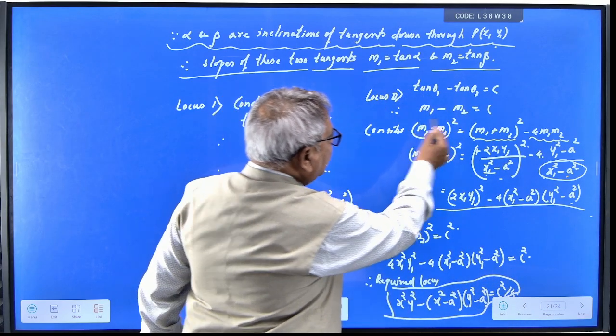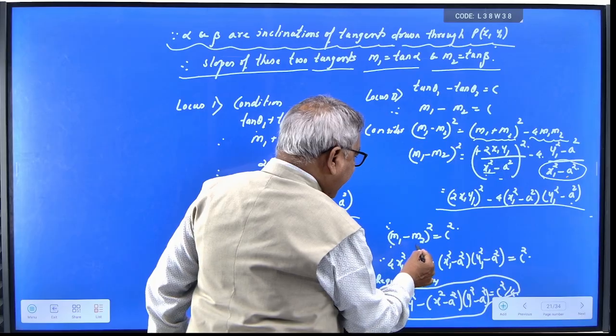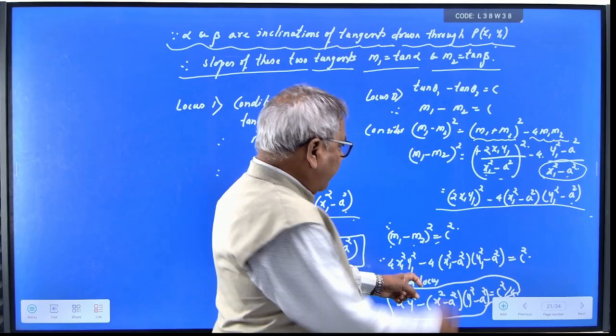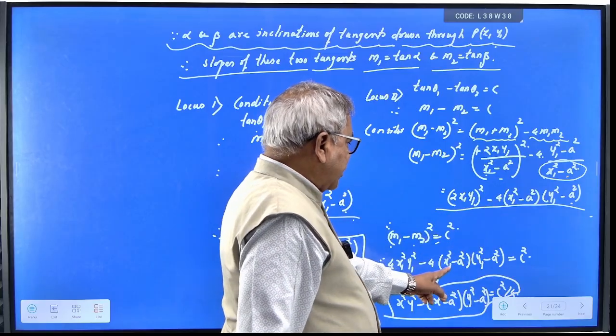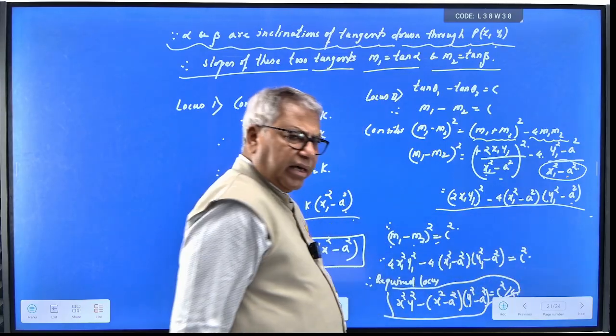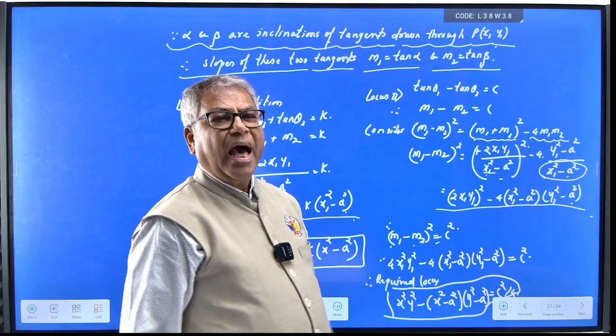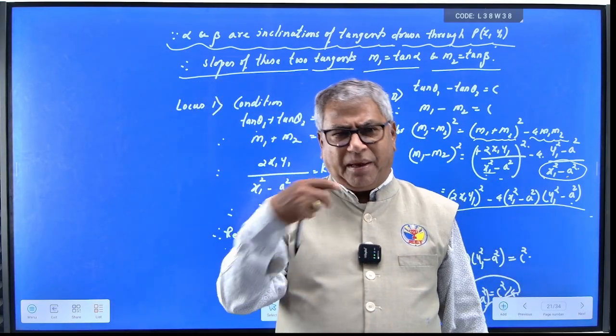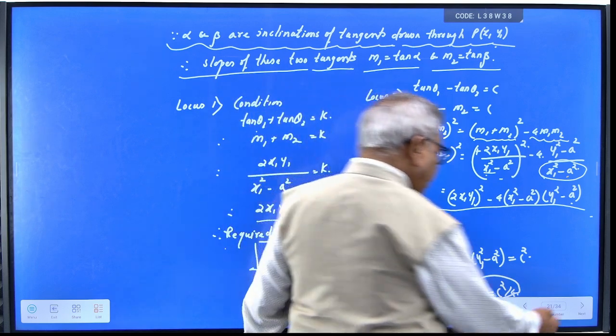Now m1 − m2 = c is given, so (m1 − m2)² = c². So 4x1²y1² − 4(x1² − a²)(y1² − a²) = c²(x1² − a²)². Replace x1, y1 by x, y. Whatever they ask, substitute the values of m1 + m2 and m1m2, and get your locus.